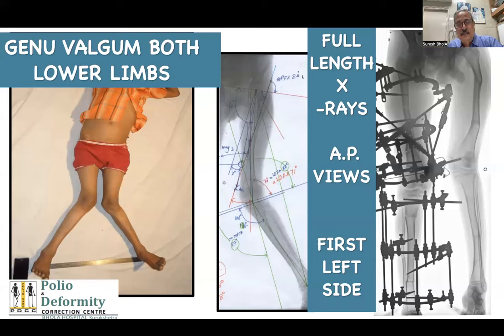Now things have changed. We have many methods at our disposal with which we can find out whether the deformity is really at the femur or the tibia, so that we can attack that very part of the bone. If it is at the tibia, we do tibial correction. If it is at the femur, we do femoral correction. And if it is at both, we do both.